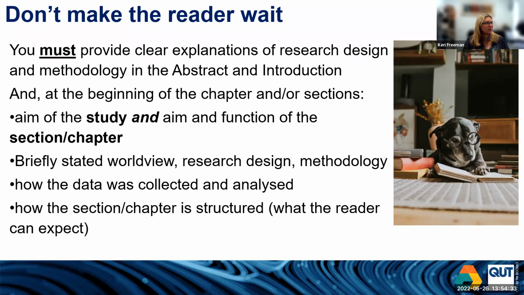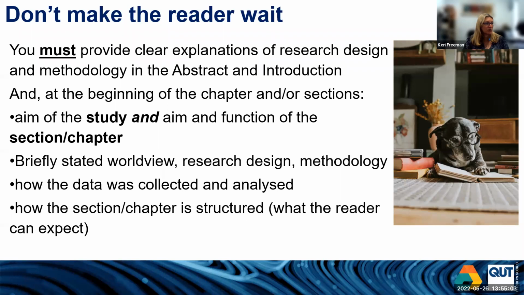You need clear explanations right at the beginning. Remember, I already said in the abstract and the introduction, if I am on page 10 of your thesis or your research proposal or your confirmation document, and I still don't know what your research design is, that is bad. Okay, you need it at the very beginning, in the first paragraph of chapter 1 or your proposal. What's the aim of the study?